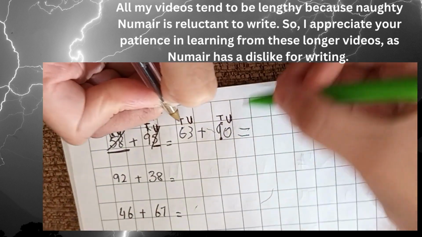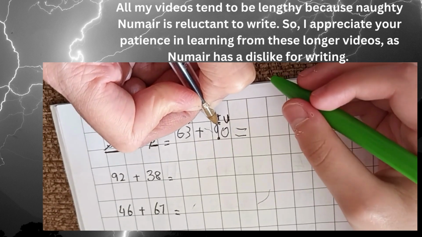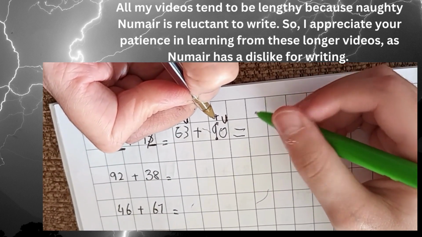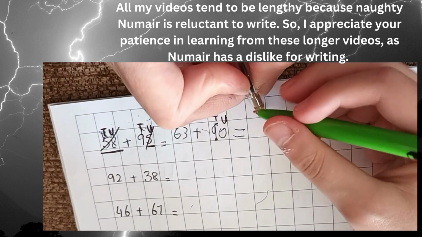We got 6 and 9 in the tens column, so 6 add 9 is 15. So 60 add 90 makes 150. So write 150.